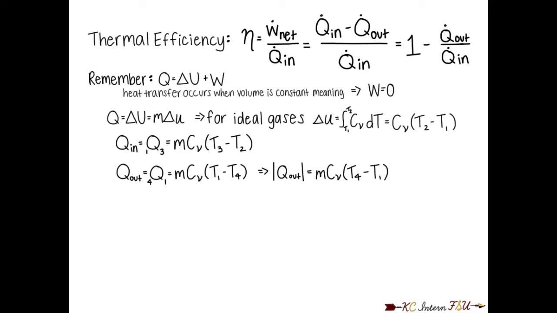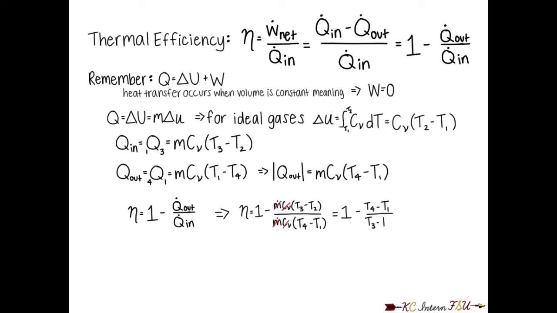For the calculation, we will take the magnitude of Q out, which is equal to m CV times T4 minus T1. We can then plug Q in and Q out into our previous equation for efficiency to get eta equal to 1 minus T4 minus T1 over T3 minus T2.